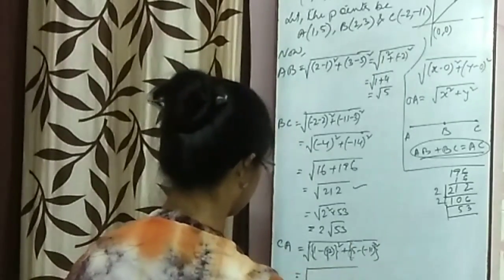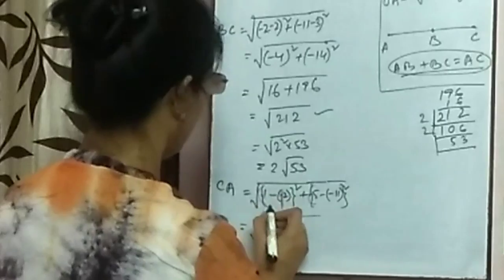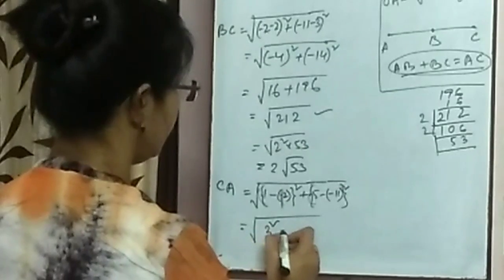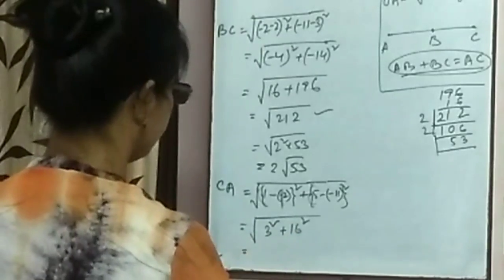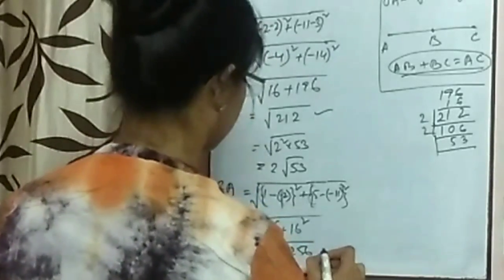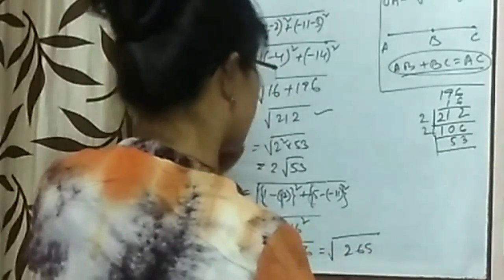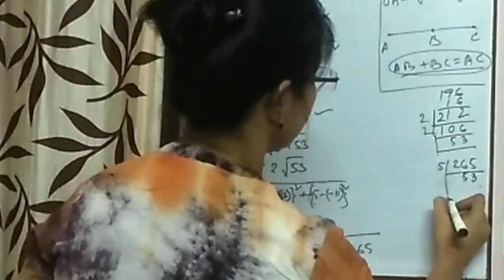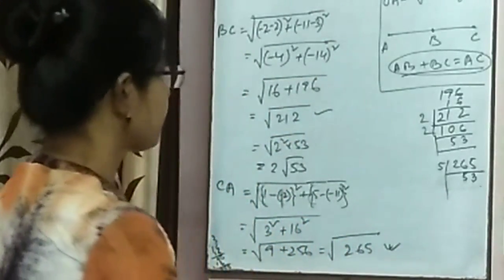So here it will come 1 minus minus 2, so it will be plus 3 square plus, here it's 16 square, 256, so 265. If there are any factors, no more can be done. So it will remain as it is.